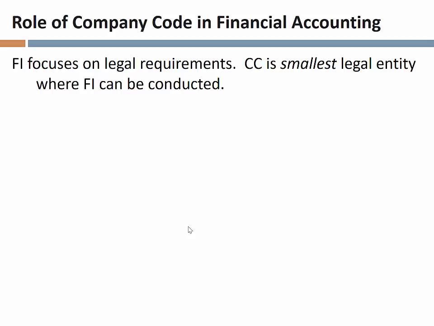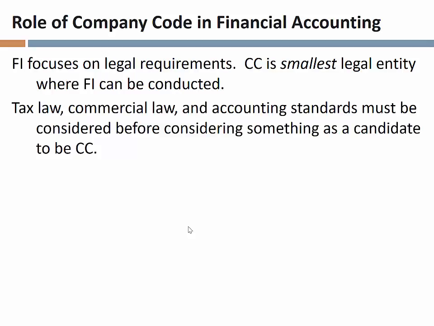So the principle here is that the entity in our organization that represents the smallest set of things we have to do financial accounting for is a company code. Tax law, commercial law, accounting standards, all of these are things you have to be cognizant of when you are thinking about how you are going to set up the company code structure in your organization.